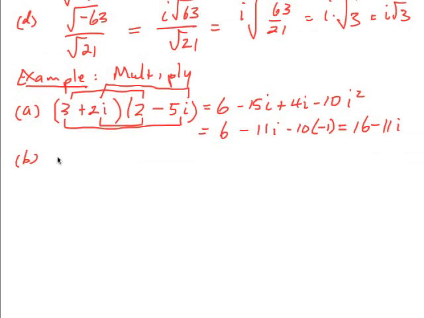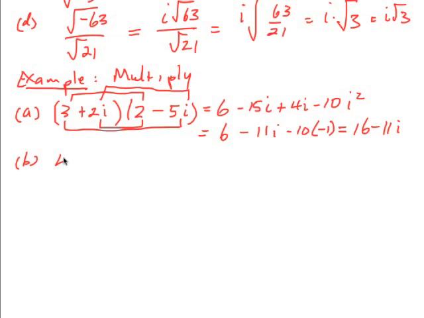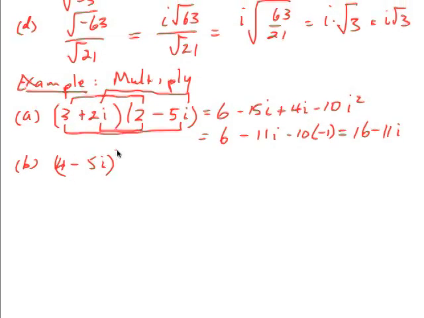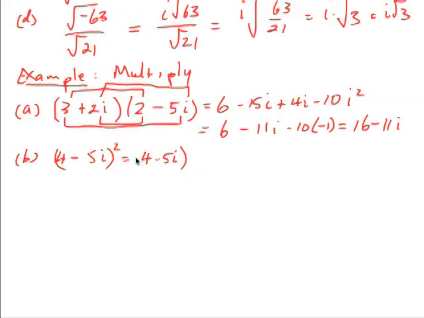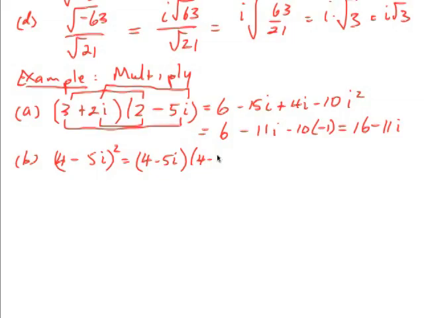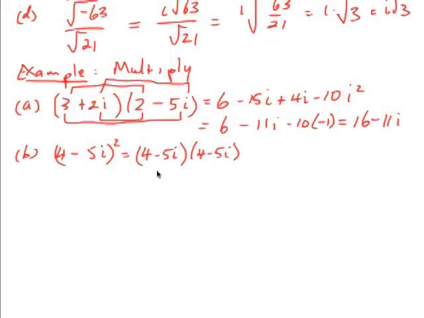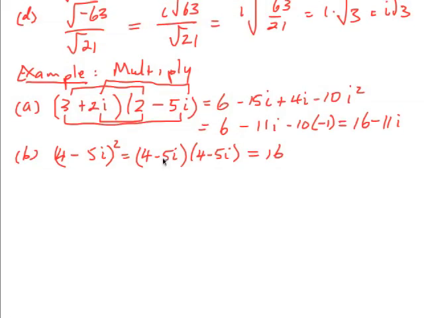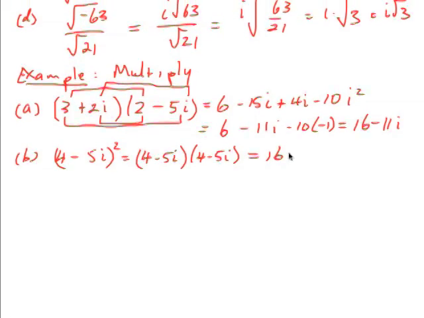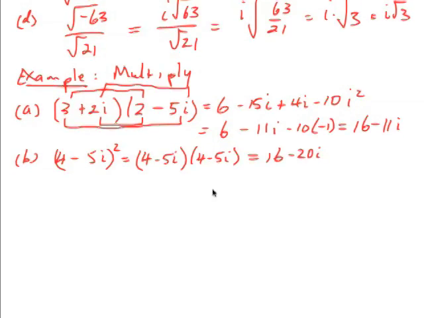What if we have something like 4 minus 5i, squared? Now remember that this is 4 minus 5i by 4 minus 5i. And again, we could use the FOIL. So notice we get 4 by 4 is 16. We get 4 by negative 5 is negative 20i.